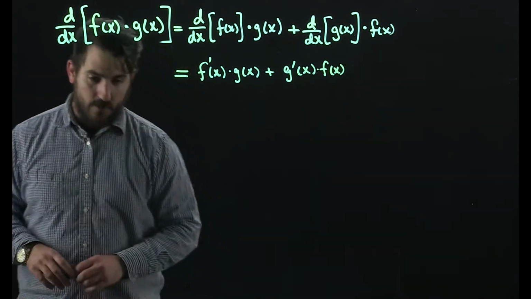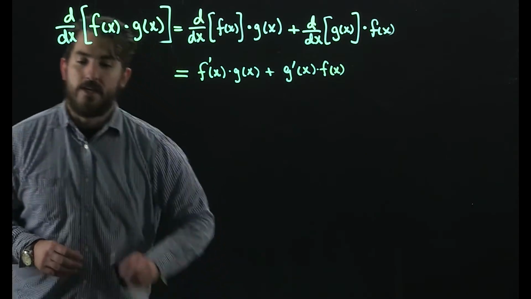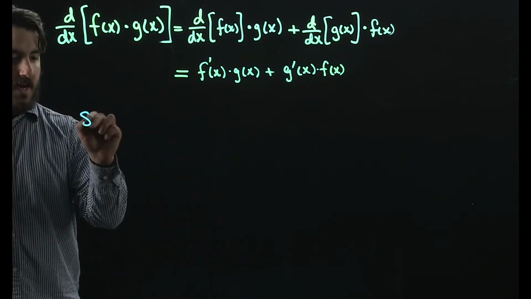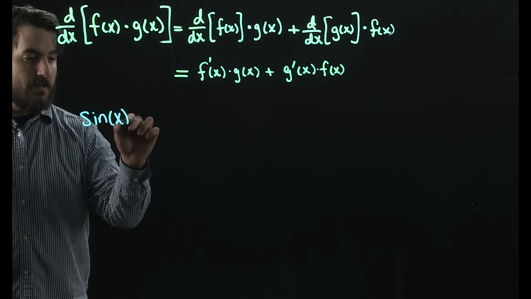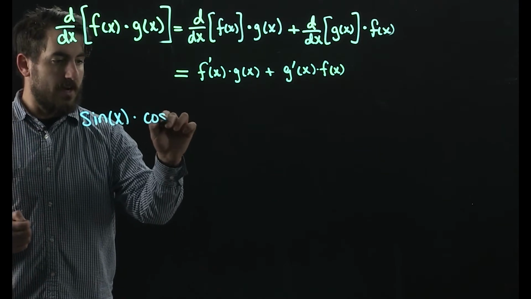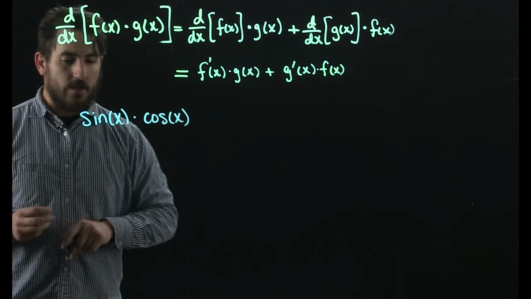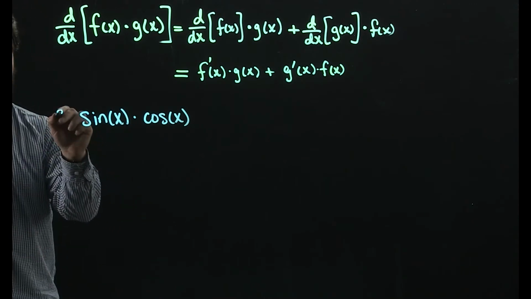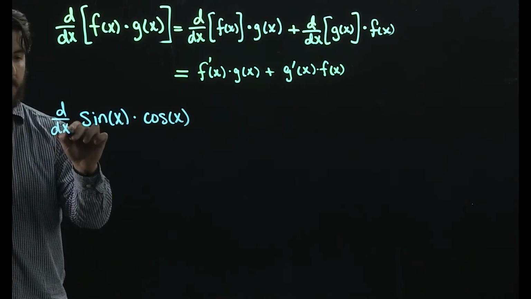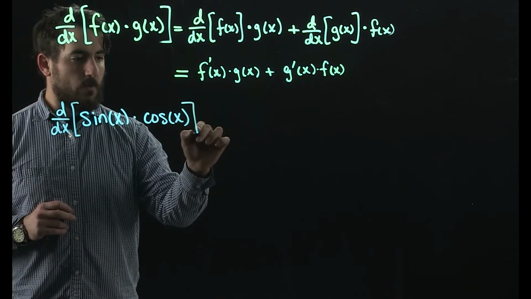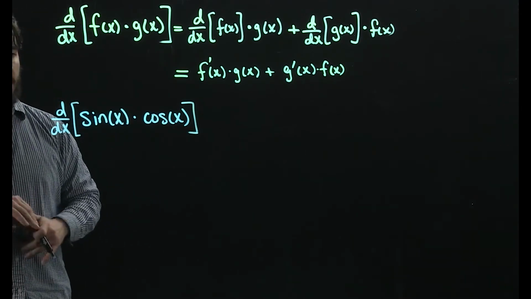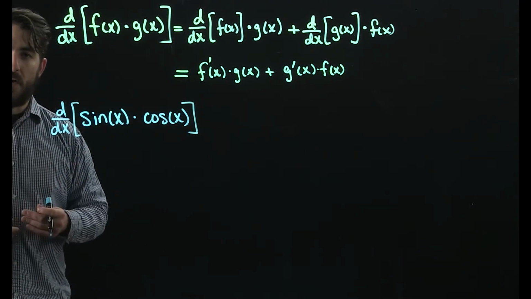So the function that we're going to look at today is sine of x times cosine of x. So let's look at, we want to take the derivative of this. Now, in order to take the derivative of this, we need to first apply the rule.